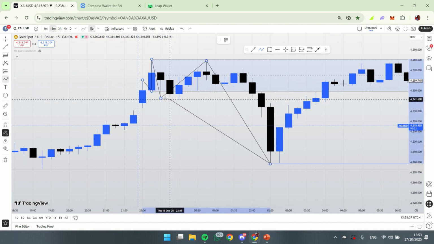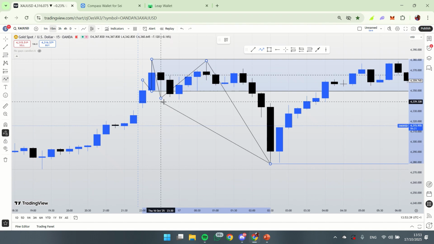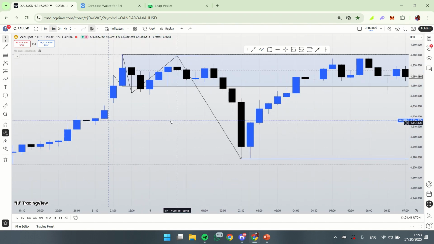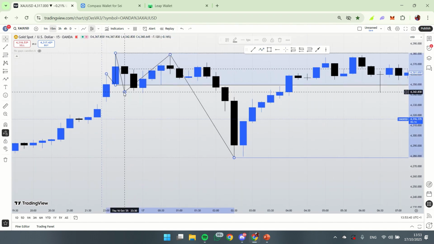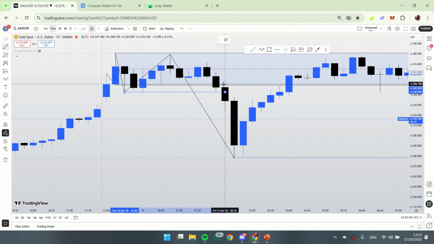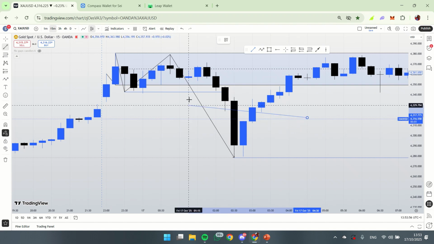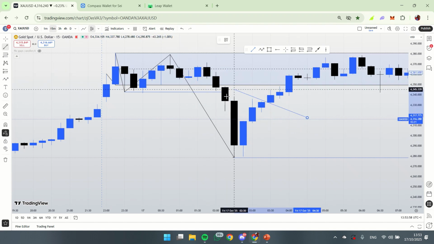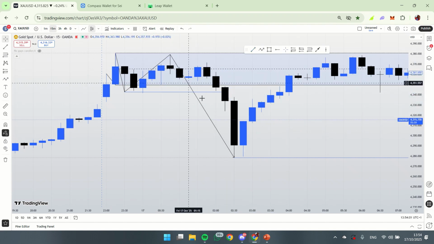Do you understand? So now, if I am to say, okay, me, I don't trust this particular break here, right? I'm going to wait till this one breaks. So this candle is the one that broke it. So anything within this range now will be within this last swing down.